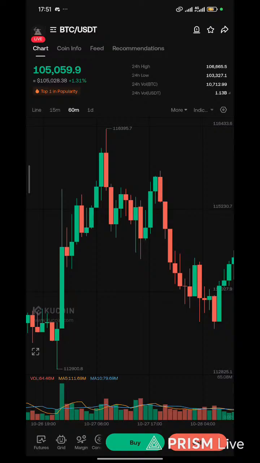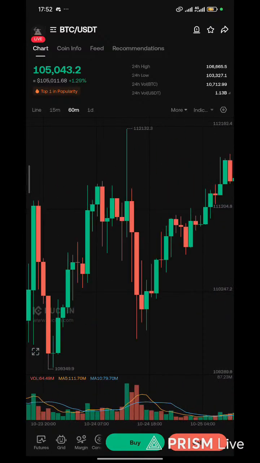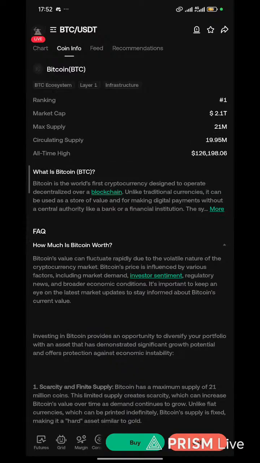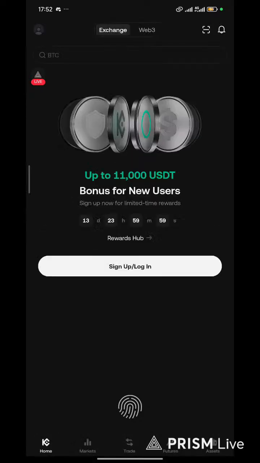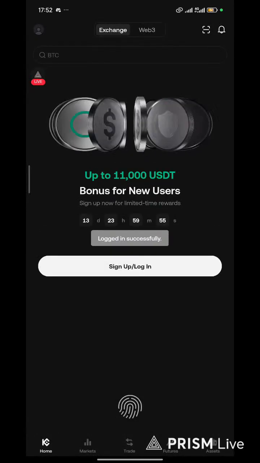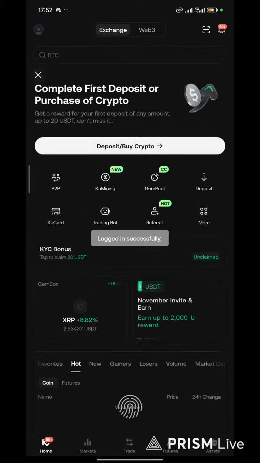I think I said it consists of three candles at the top of the uptrend, which signifies a bearish reversal. Okay, let me log in so that you guys can follow along with me.